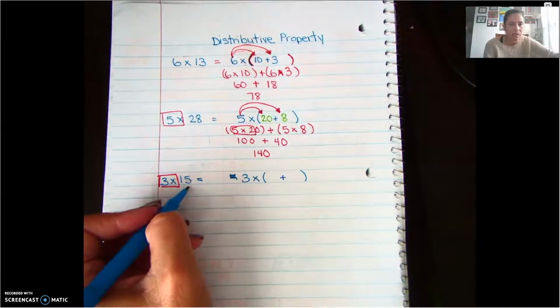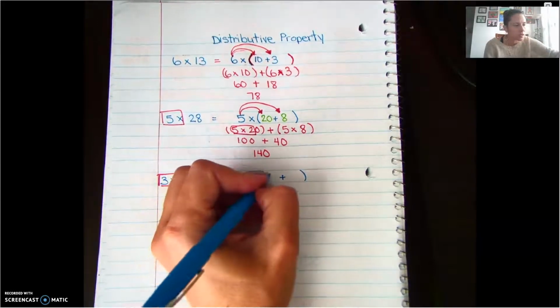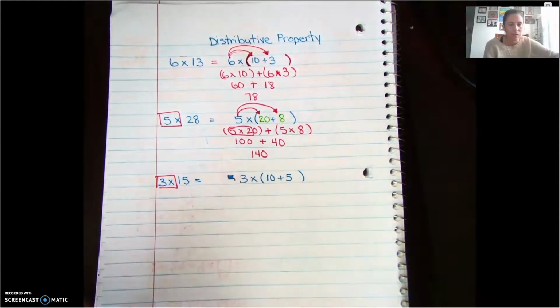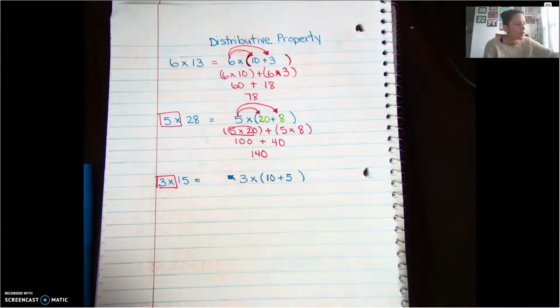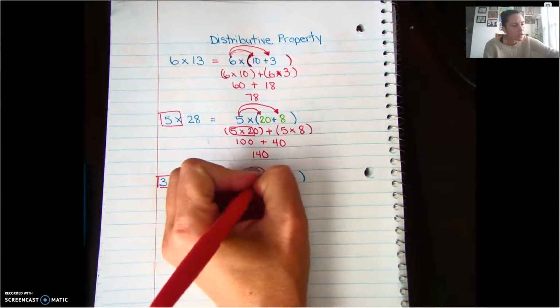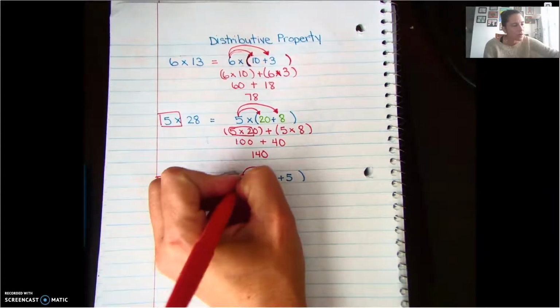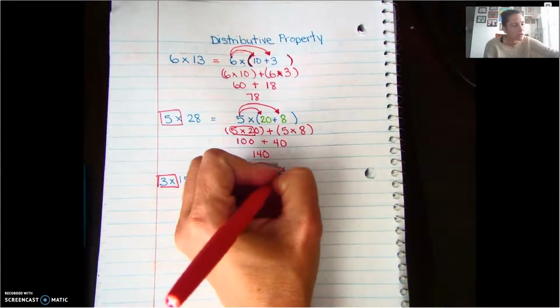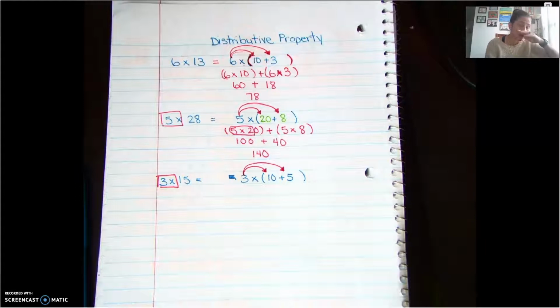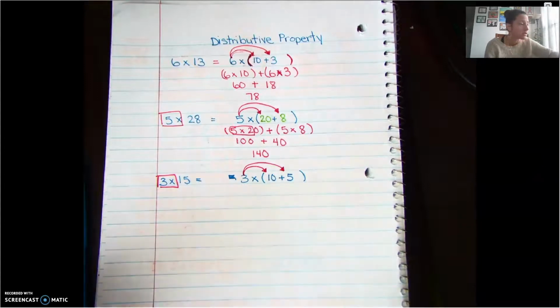So 15 expanded form would be 10 plus 5. That's my expanded form. Now I have my distributive property. So I'm going to bring those 3's right out here. And this is another one of the ways that we can do multiplication with the bigger numbers. I'm going to teach you quite a few ways, and you have to pick the way that you like best.